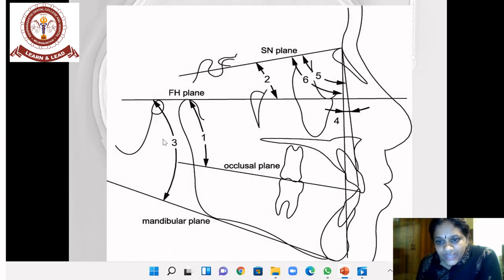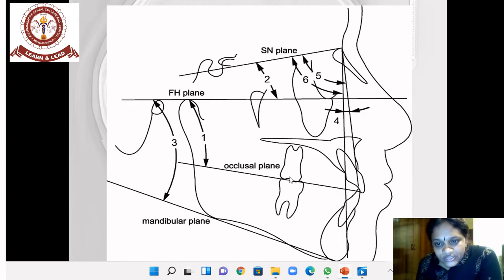So coming to the planes of cephalometrics, the line connecting S and N points will be your SN plane, and your porion to orbitale will be your FH plane. The angulation between these two will be always 7 degrees, and the line connecting your ANS and PNS will be the palatal plane. Occlusal plane will be the line drawn connecting the posterior teeth which are in occlusion.